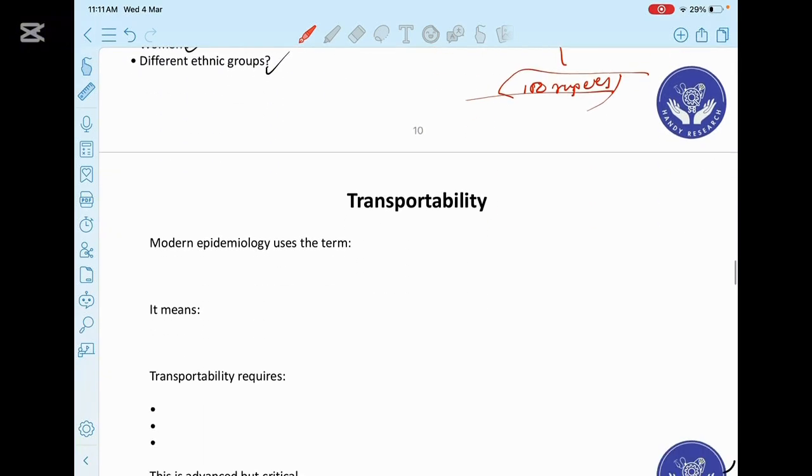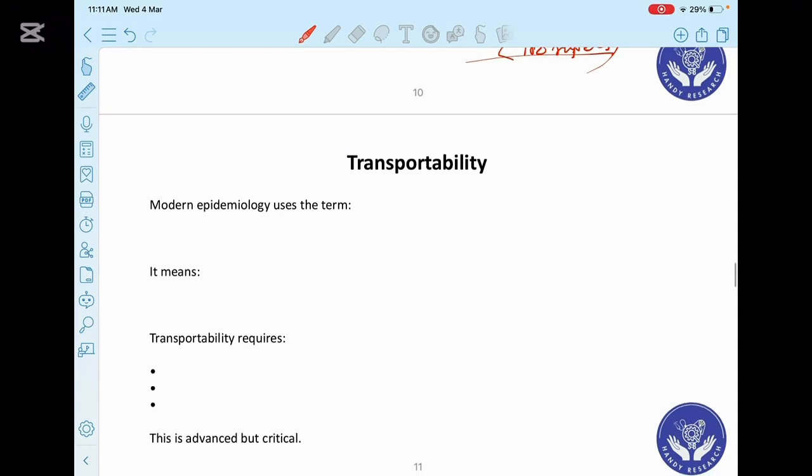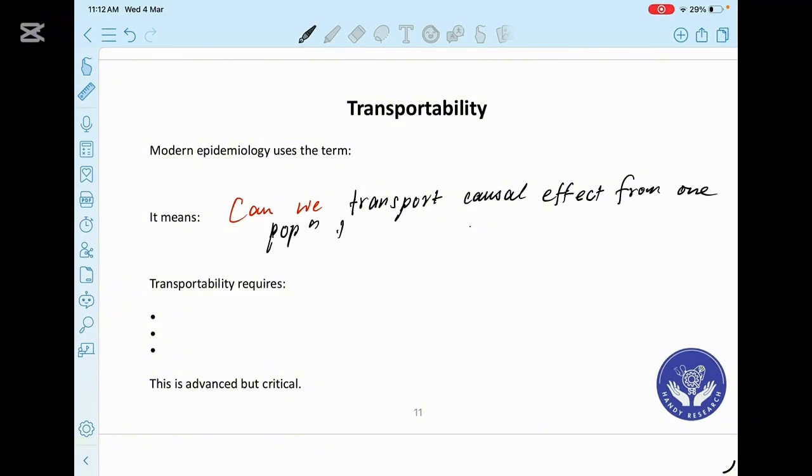Let's understand the concept of transportability. Modern epidemiology uses the term transportability. What does it mean? Can we transport a causal effect from one population to another?